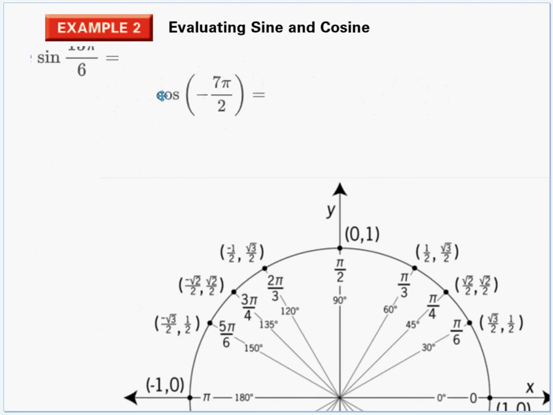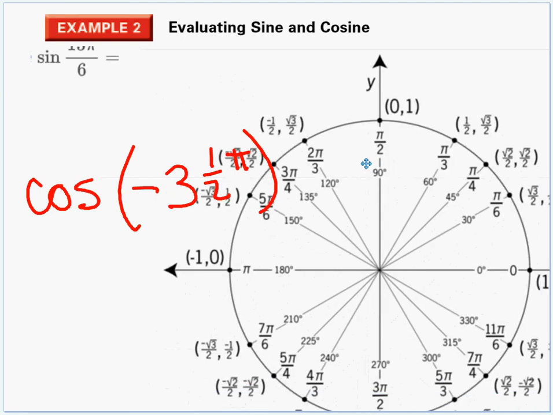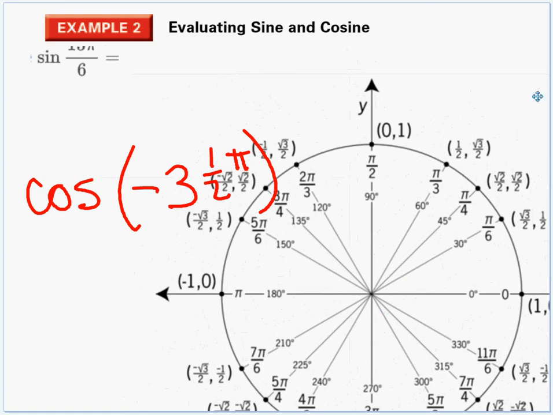This one here, cos, and now careful, we're going negative. This is the cos of negative, well, 2 goes into 7 3 times without going over, leaving another 1/2 pi, 3.5 pi. And remember, this is in a negative direction. So let's see what this is the same as. I'll pull my circle up here a little bit more.